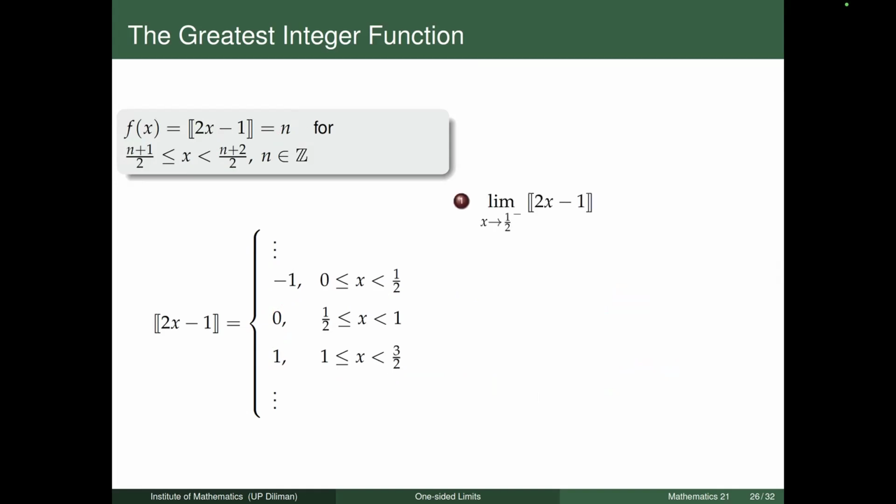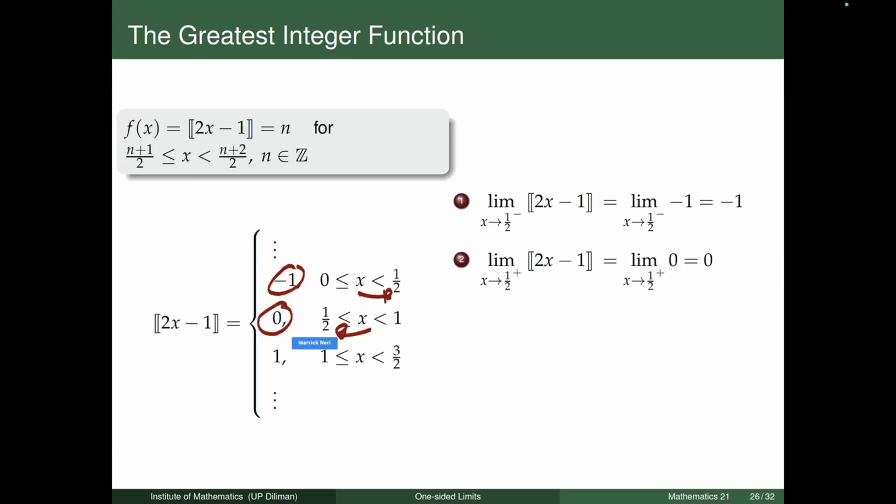What is the limit as x approaches 1 half from the left? So from the interval, we can see that ito yung gagamitin natin. The value of the GIF is negative 1. Okay. As x approaches 1 half from the right, ito yung interval na gagamitin natin. The value of the GIF is 0.